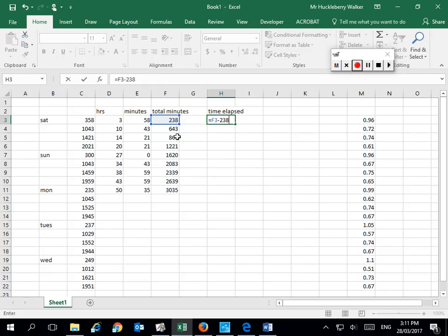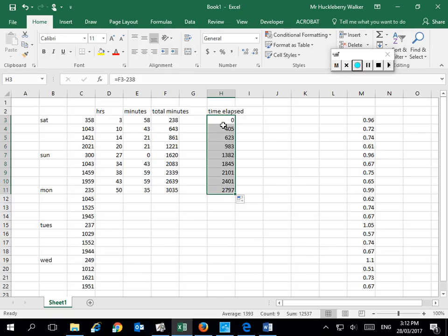If I drag all of these back by 238, it's just like shifting the whole pattern back by a set amount, so they're still the same distance apart. But I'm setting my datum, instead of to 238, back to 0. And that's what I should see. So if I drag these down, all of those should just be reduced by 238.